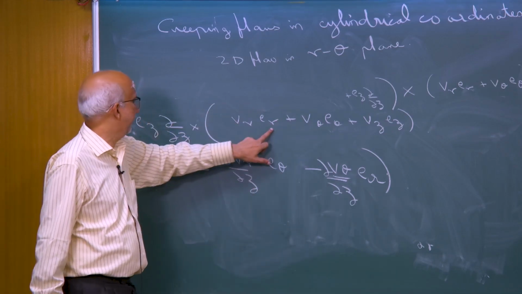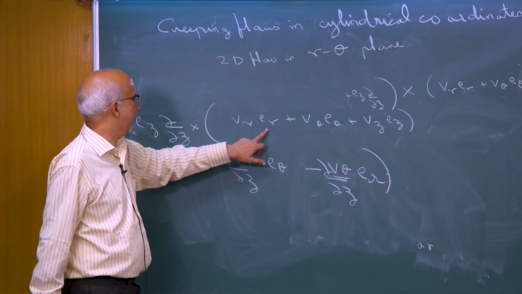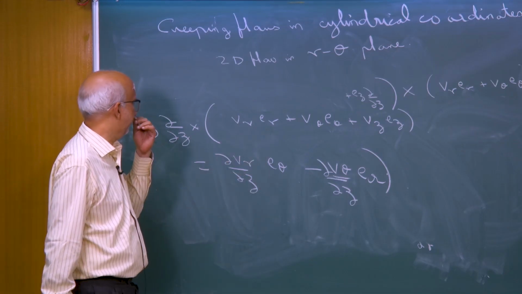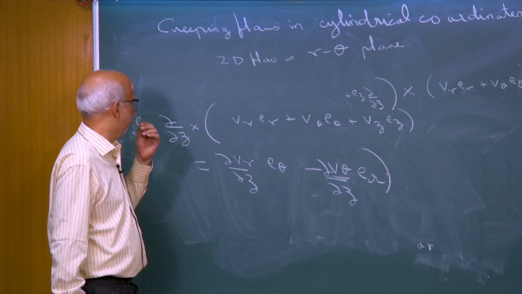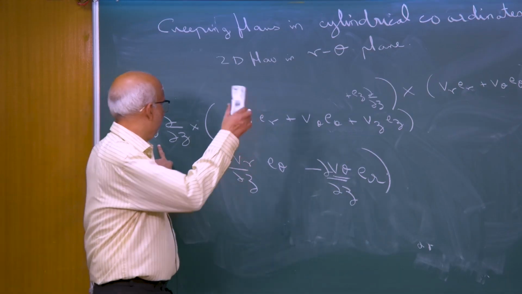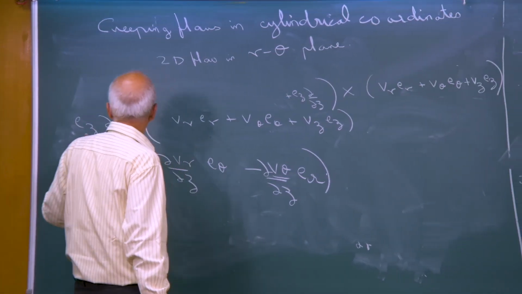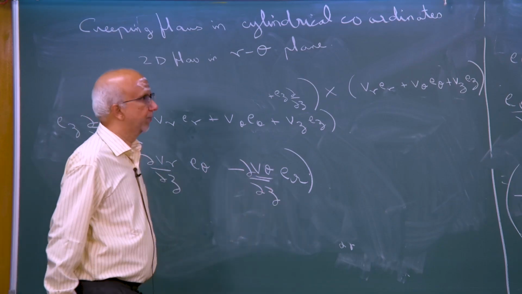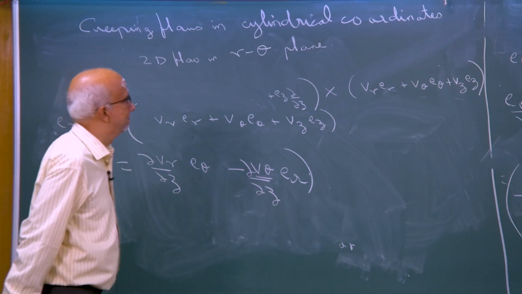So, I get Ez crossed with Er is E theta. Is that right? Yeah, z cross with r is theta, correct. And Ez cross with E theta will be minus Er. That is what I get.